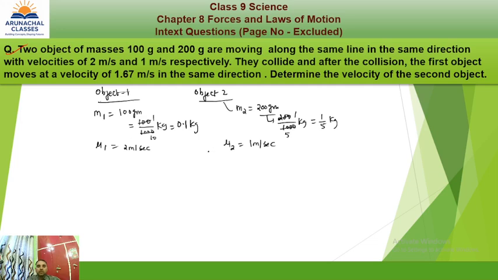They collide, and after the collision the first object moves with a velocity v1 of 1.67 meter per second, and we determine the velocity of the second object. So v2 is not known, so I'm considering v2 as x meter per second.